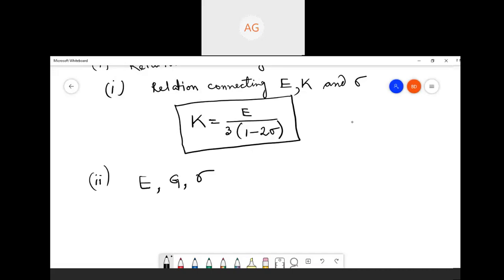Sometimes it is mu, sometimes it is sigma. But it should be clear to you. Whatever you use, there is no problem. It should be clear to you.